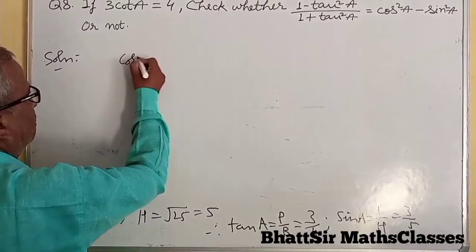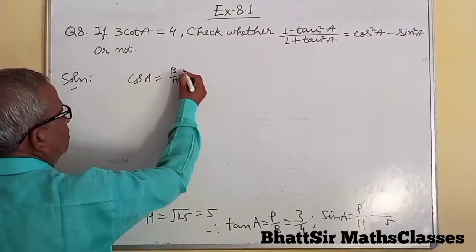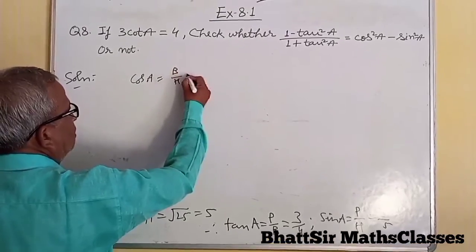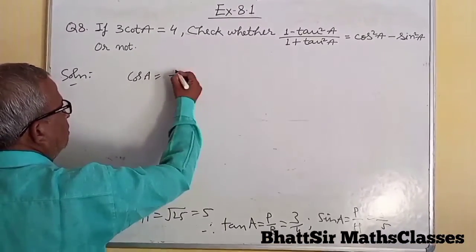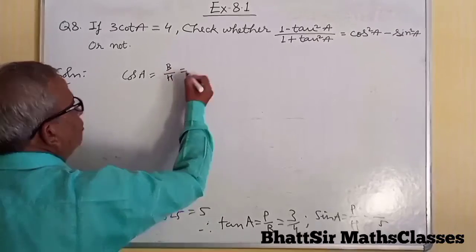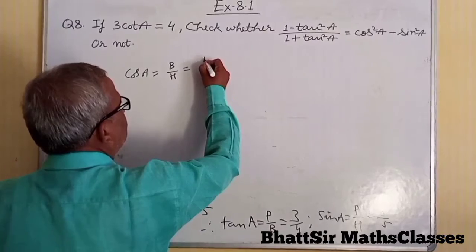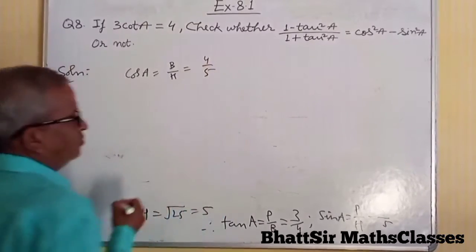Cos A, base over hypotenuse, equal to 4 upon 5.